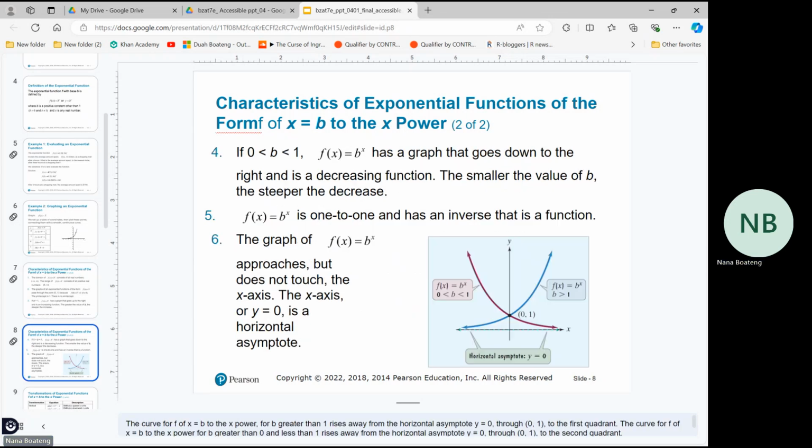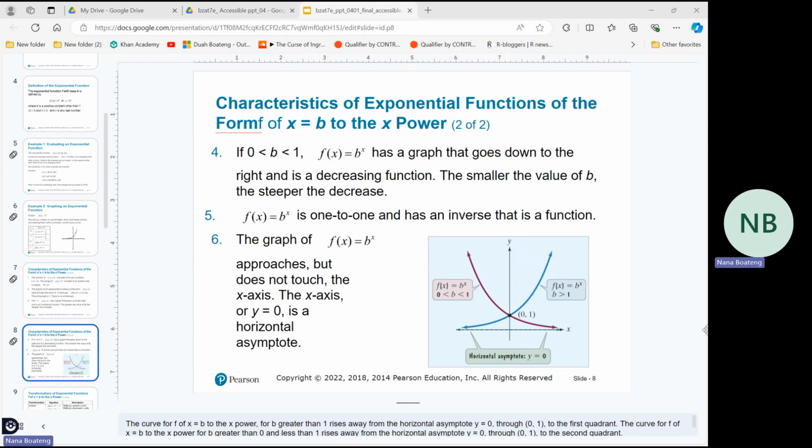And also, if b is between 0 and 1, then the graph goes down to the right. So you can see here the red graph goes down to the right because b is between 0 and 1, and the blue graph goes up to the right because b is greater than 1.